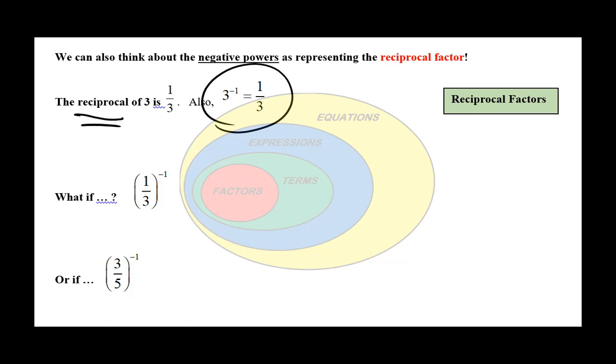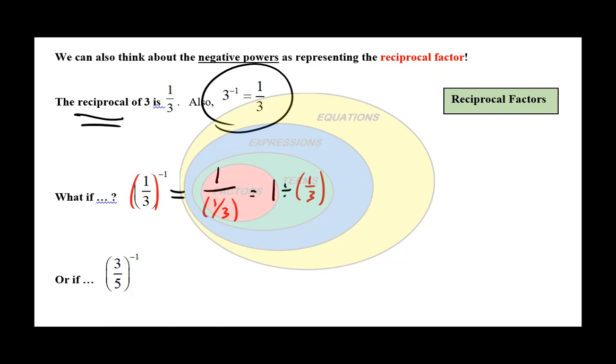So the first thing we're going to do is apply that power of negative 1, and that basically tells me to take whatever the factor is and write it 1 over that factor. So that doesn't look very nice, but we know that this is just division, so this is the same as 1 divided by 1/3.